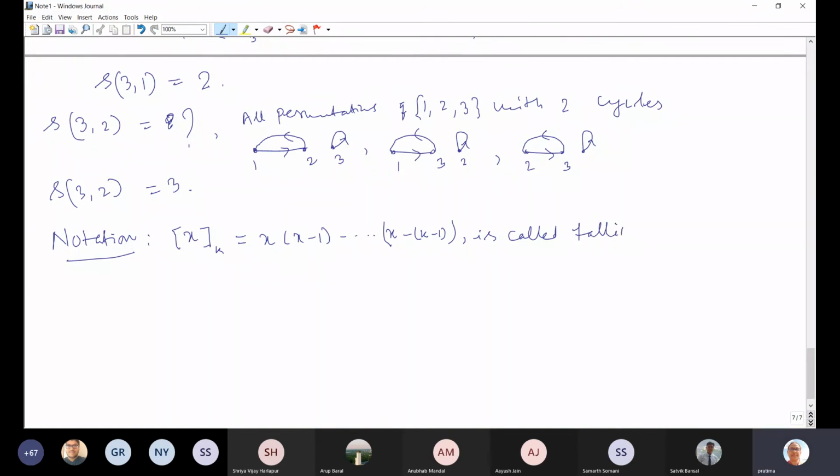People use this terminology, falling factorial polynomial. It is a polynomial of degree k.